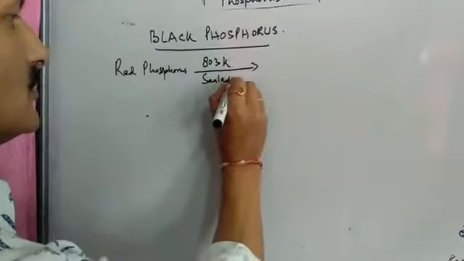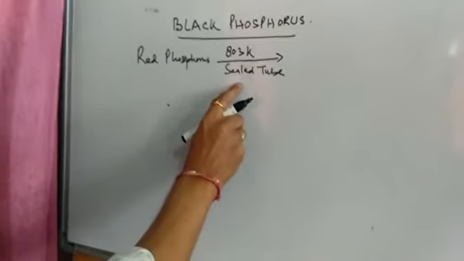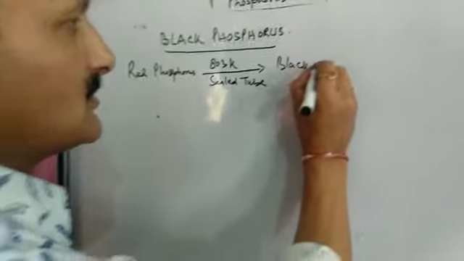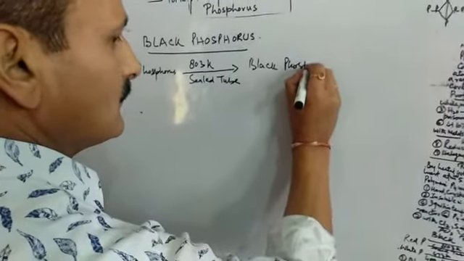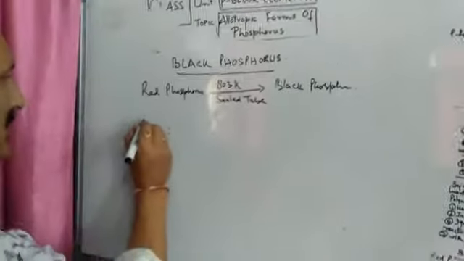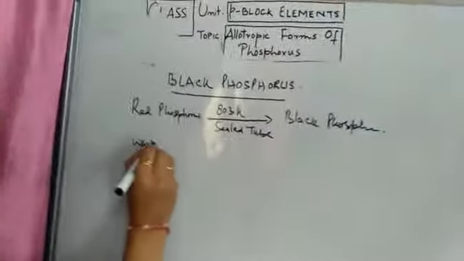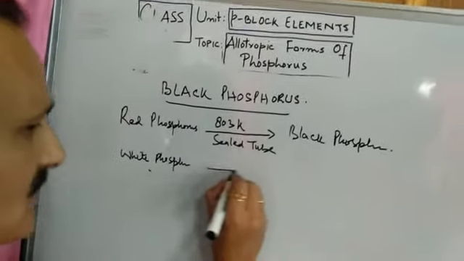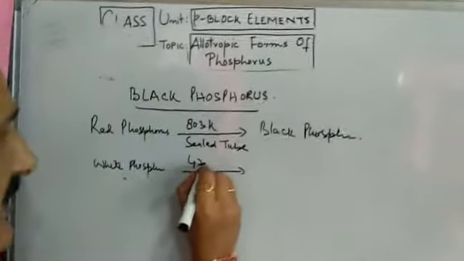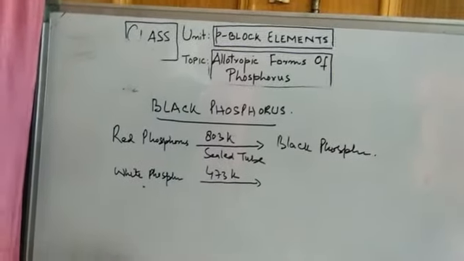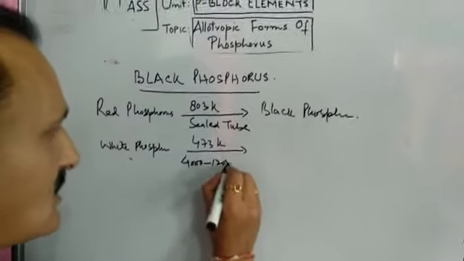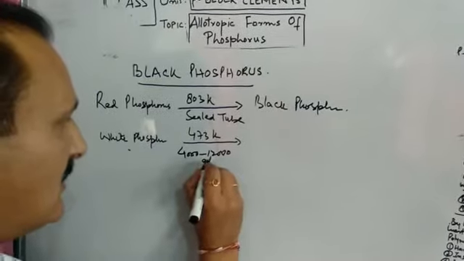When red phosphorus is heated at this temperature in a sealed tube, we get black phosphorus. It can also be prepared from white phosphorus, if it is heated at 473 Kelvin under a very high pressure of 4000 to 12,000 atmospheres.